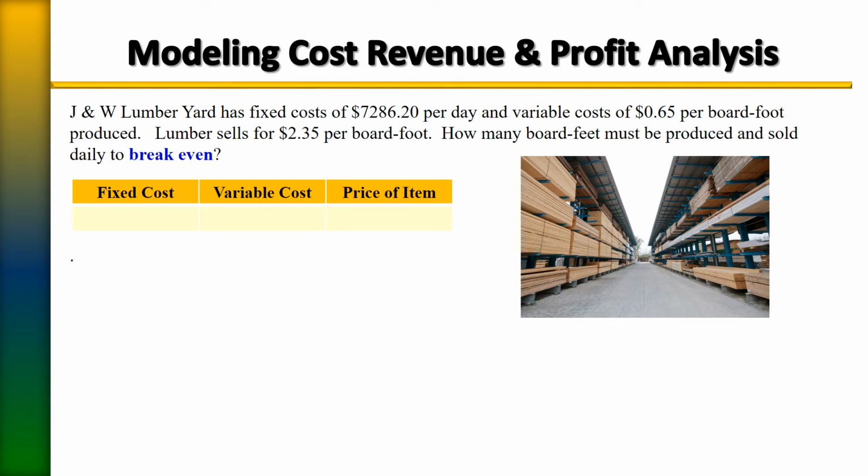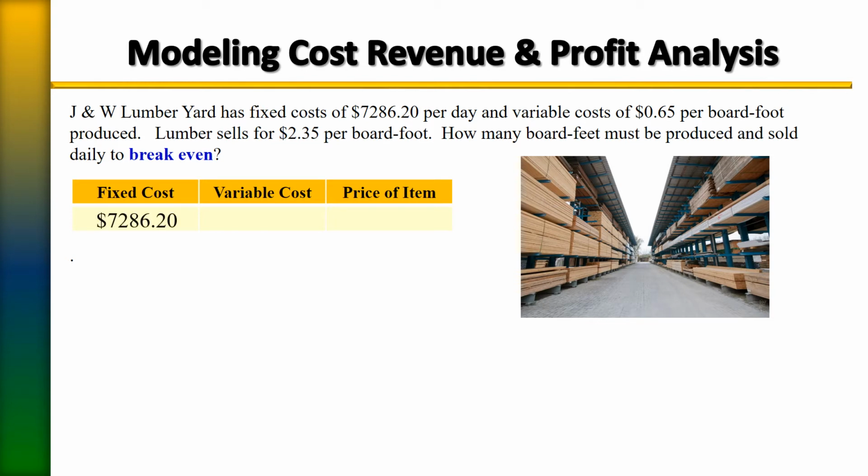It's the expenses that are the same no matter how many units of a good are produced, for example, like the mortgage payment or property taxes and so forth. So what is our fixed cost here? Well, if you notice in the first sentence, it told us that we had a fixed cost of $7,286.20. So we can go ahead and put that in.